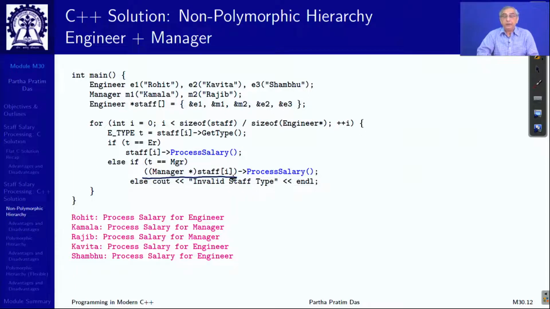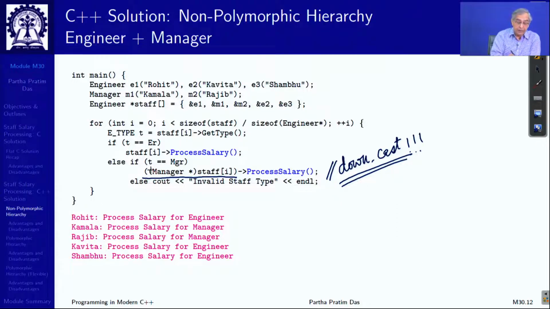What am I doing? Can you identify what am I doing? I have a generalized class pointer engineer, and I am making that into manager pointer. So, I am actually doing a C style casting, which is a downcast, but it must be okay there, because that is how I have set this tag.